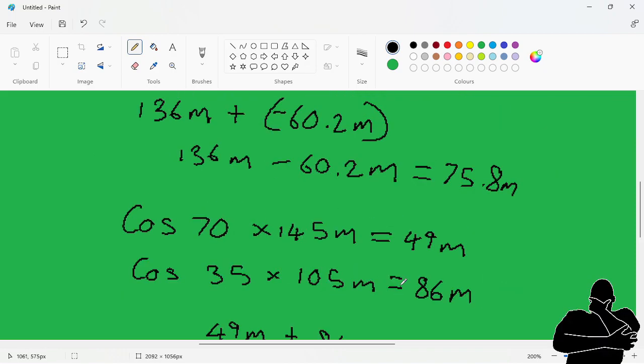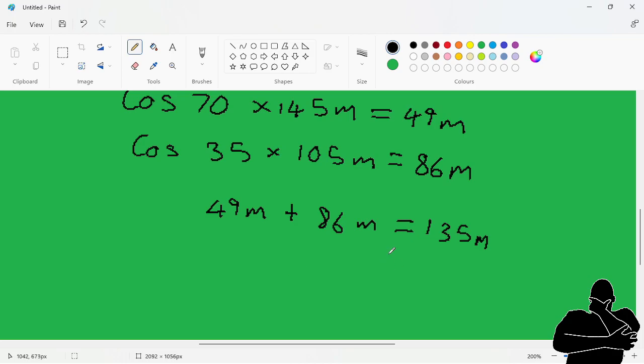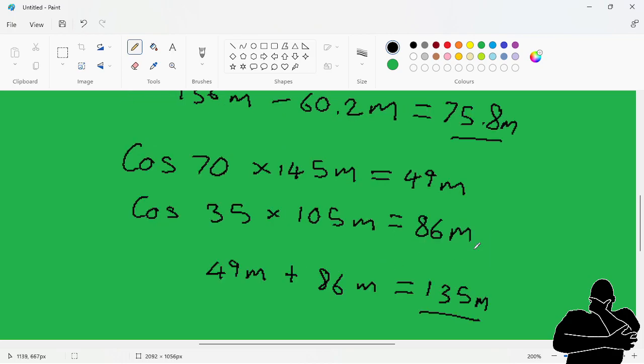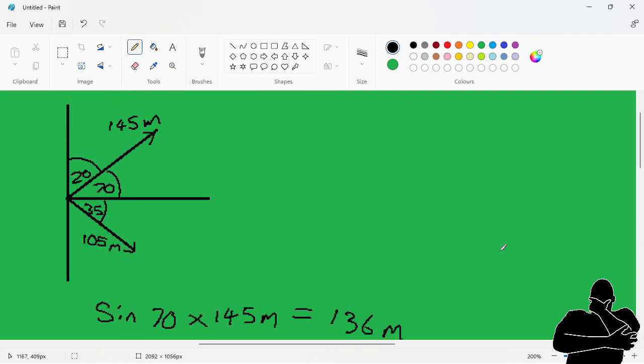Right, then we have the northerly displacement, which is this, and we have the, I guess you could say, easterly displacement, which is that. Now that we have these two, we have the components of the resultant. In order to find the resultant, we're going to have to represent the two components together on a diagram.